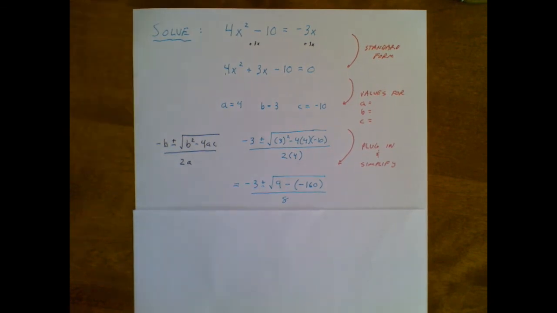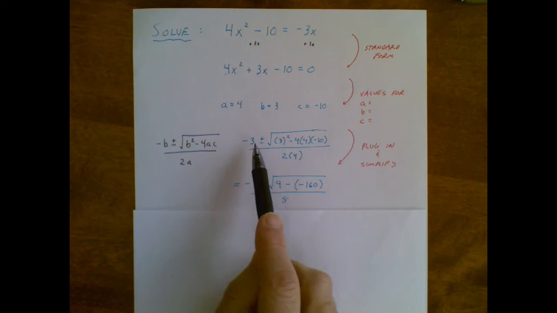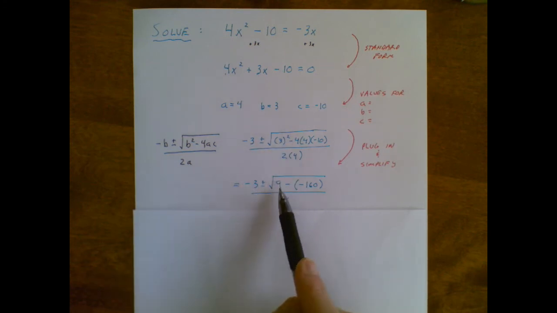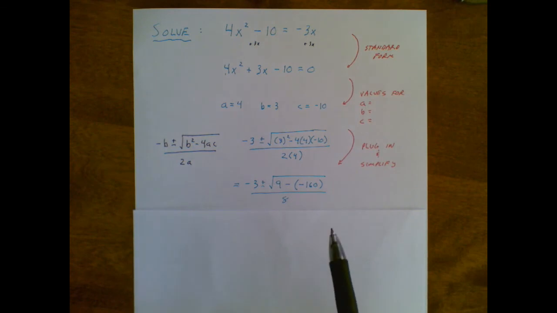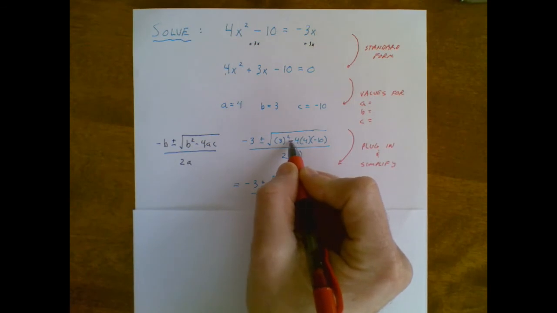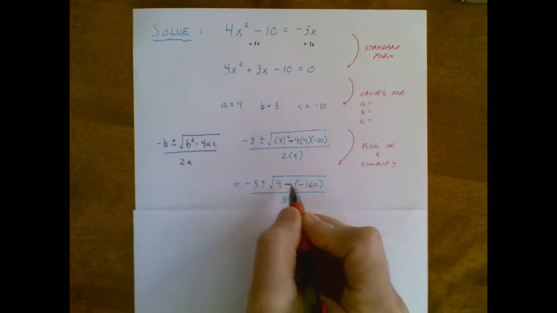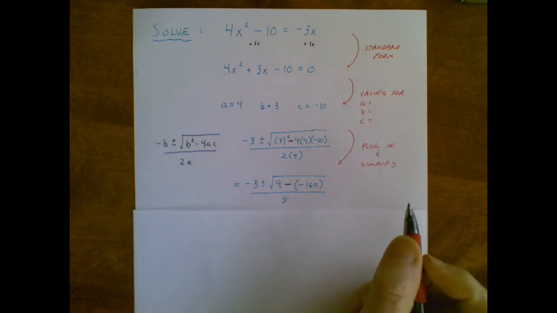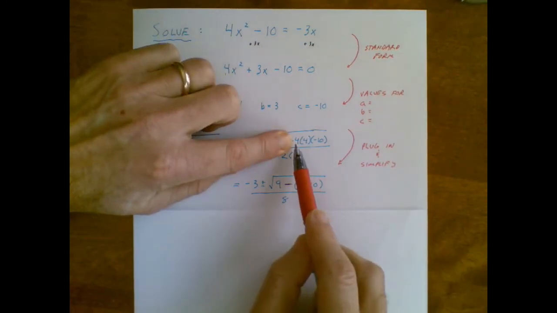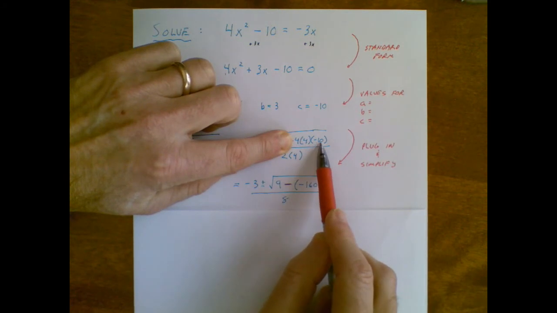So let's look at what we did. The negative 3 stays, there's nothing to do with that. 3 squared is 9, so that's an easy decision. But now I very, very highly recommend that you do this. This piece right there is subtraction. I would just rewrite that every time and then ignore it and then just say 4 times 4 times negative 10.